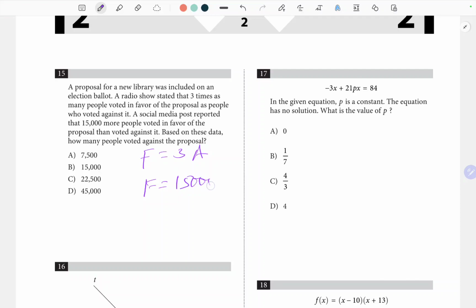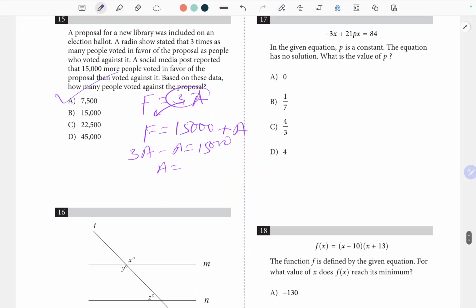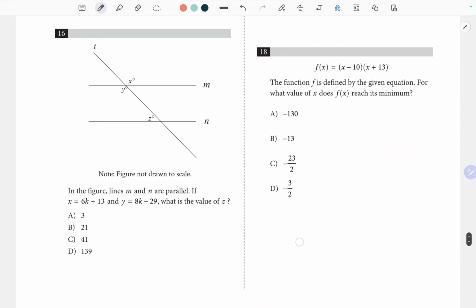Based on these data, how many people voted against the proposal? We have to find A. So favor is 3A, and that equals 15,000 plus A. Take A to the left side, so 2A is 15,000, and A is 15,000 over 2, which is 7,500. So A.